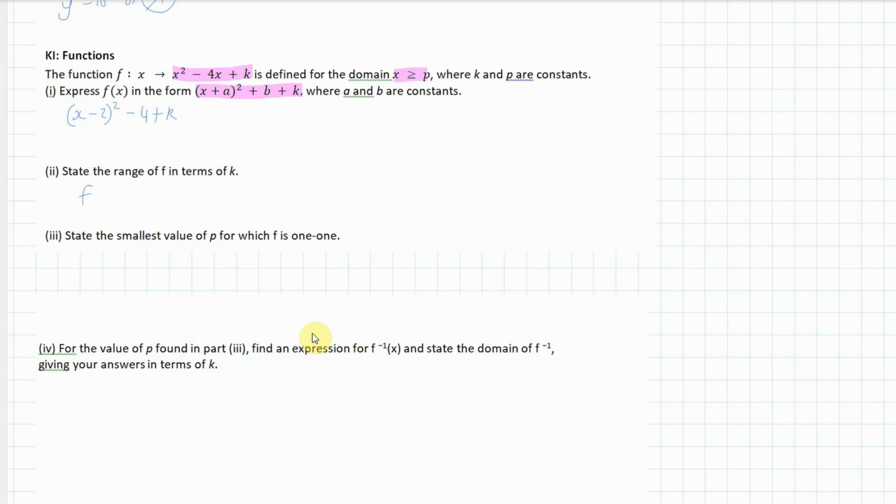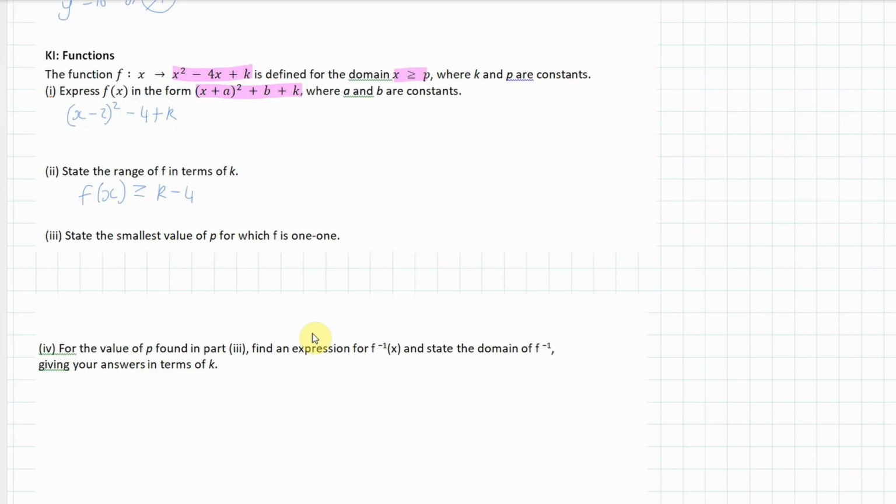Let's say that p is 2. I don't know, this question isn't worded particularly well, but if p is 2, then we can say that the range would be greater than or equal to k minus 4, because if we put a 2 in here, we'd get 0, and then we'd have minus 4 plus k, or k minus 4. So that's what I'm going to say for that one.